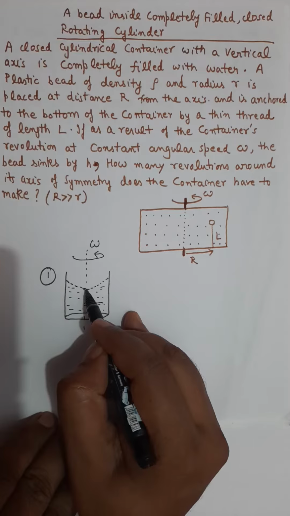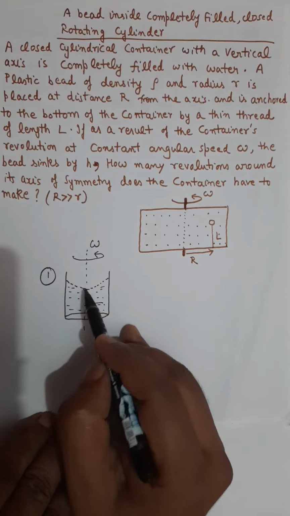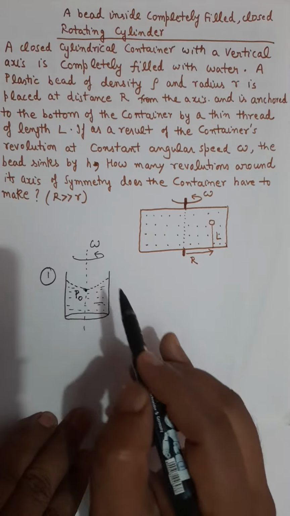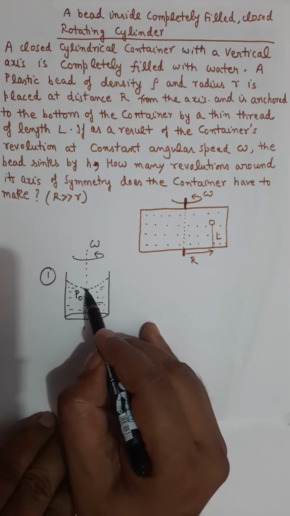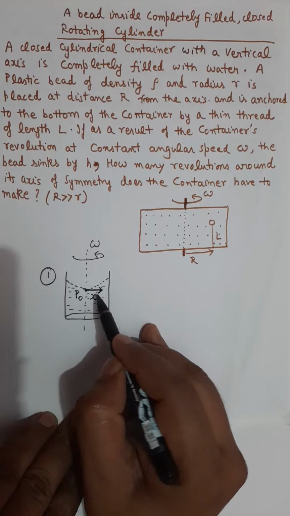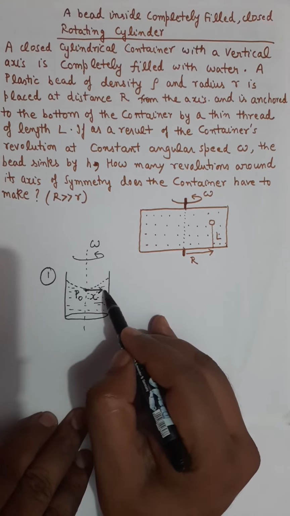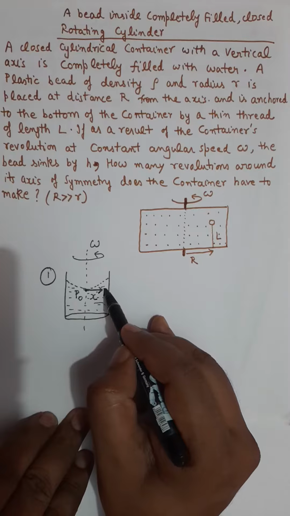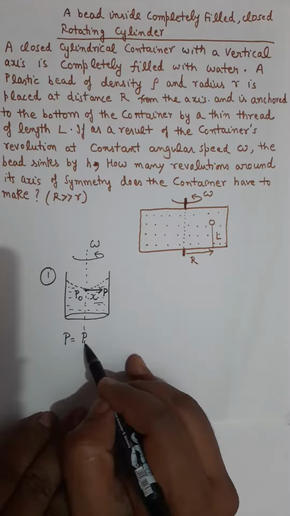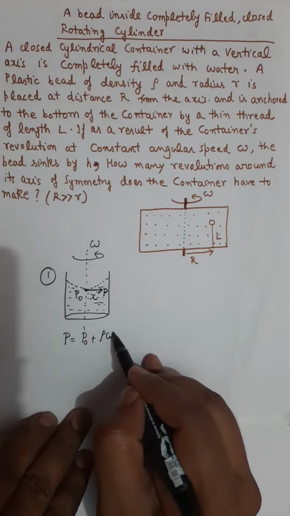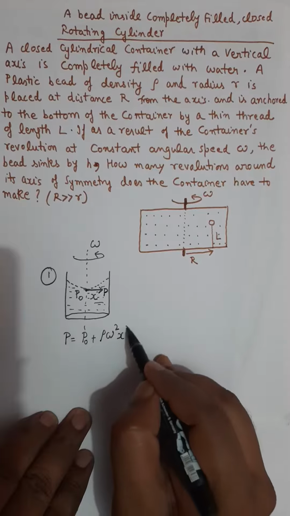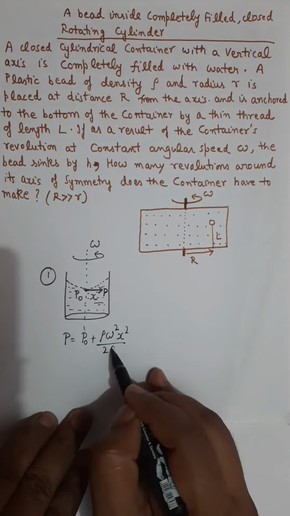I will just recall the result that if pressure at this point is P naught and it is rotating with constant angular speed omega, then going x distance away from the axis, if you find the pressure equal to P, then that pressure P is P naught plus rho, the density of the liquid, times omega square times x square by twice g.